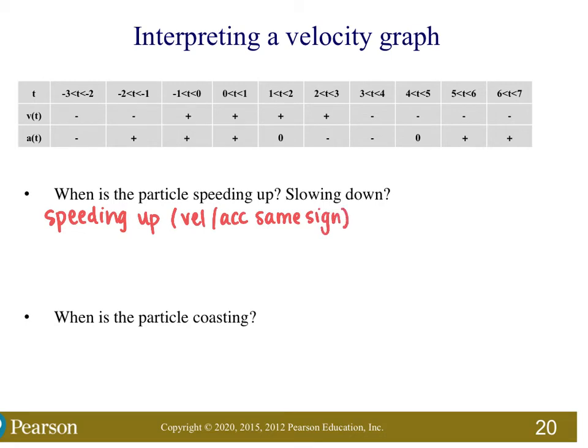And so we look through and we see that the velocity and the acceleration have the same sign where they're all pluses right here. And then again, the velocity and the acceleration have the same sign where they're both minuses. And so it's speeding up from -1 and through 0 up to 1, and again from 3 to 4.